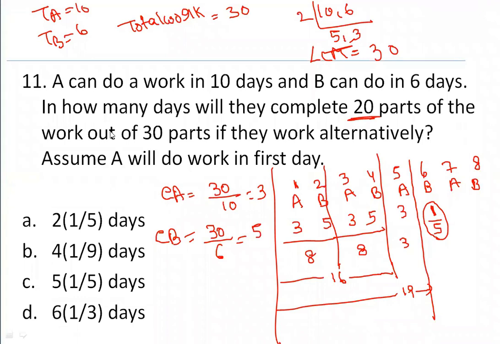That 1 unit is done by B with an efficiency of 5, which is 1 by 5 days. So 5 days are completed with A and B working alternatively, and on the 6th day B comes and finishes that one part with his efficiency of 5. That's the reason 1 by 5 days is the answer.